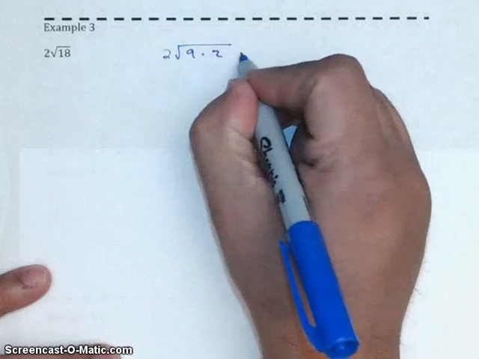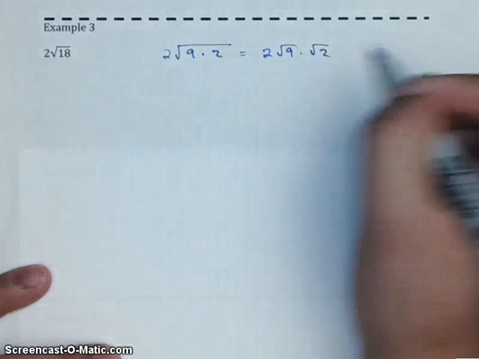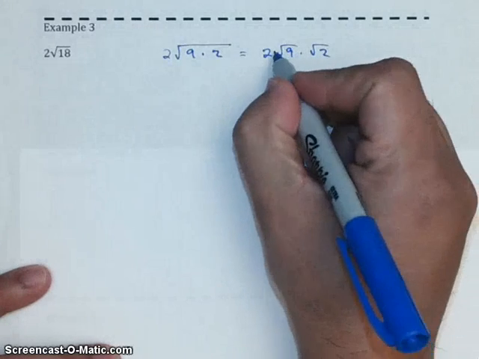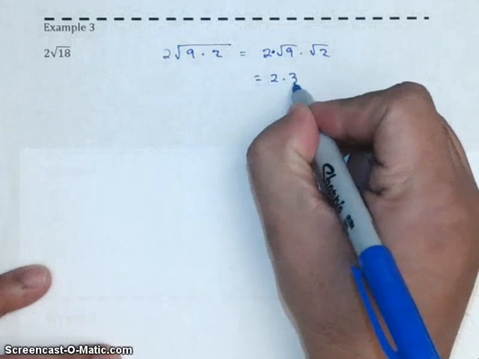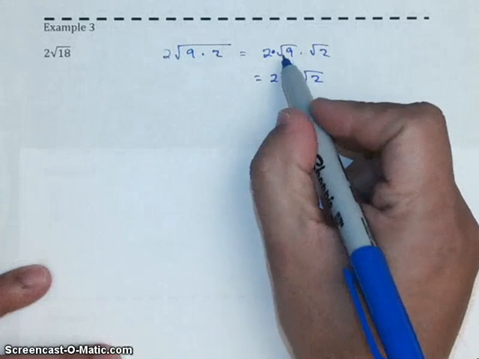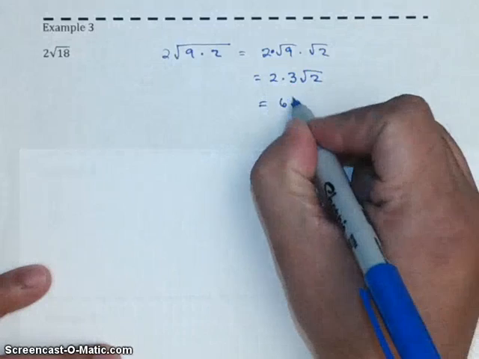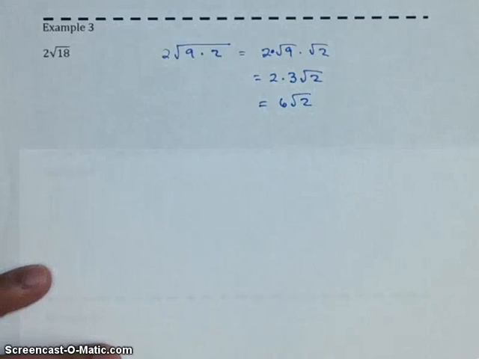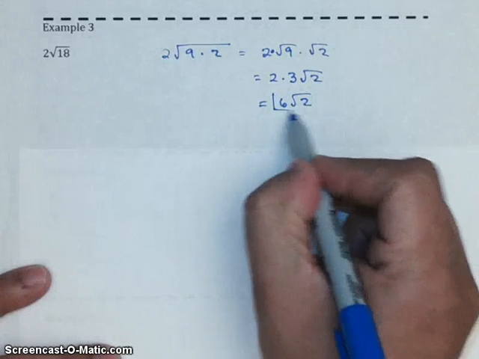So that's going to be 2 times the square root of 9 times the square root of 2. If I factor this out, this is times here as well. So this is going to be 2 times 3 square roots of 2. And then 2 times 3 would be 6 square roots of 2. 2 is prime, so I know that I'm done.